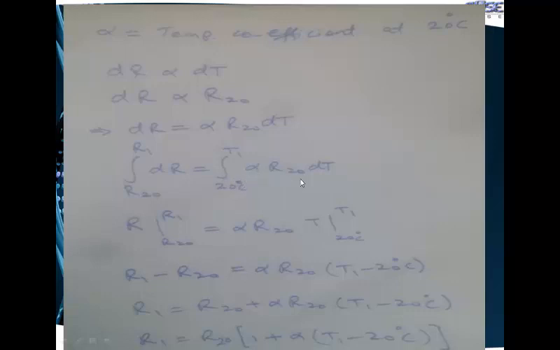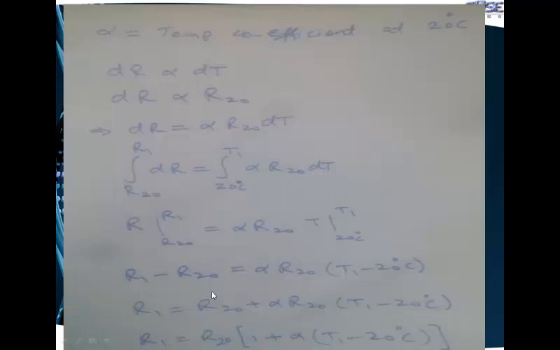If you integrate this equation on both sides, on the left-hand side you can see the integration of constant 1 into dR would be equal to R, with limits of integration R20 to R1. These two are constants, alpha and R20, so they come out of the integration. Then the integration of 1 dT would be T from 20 to T1.